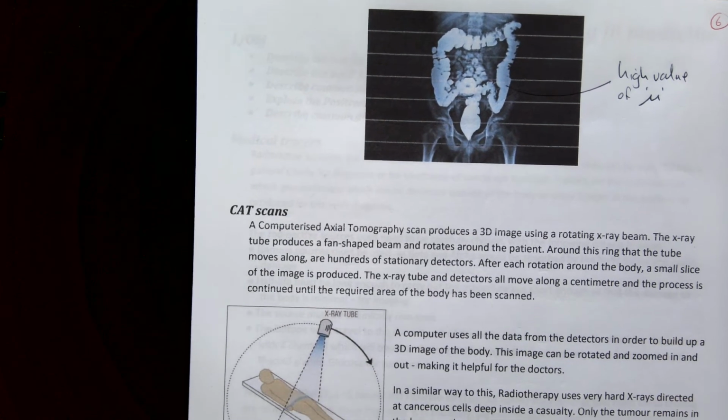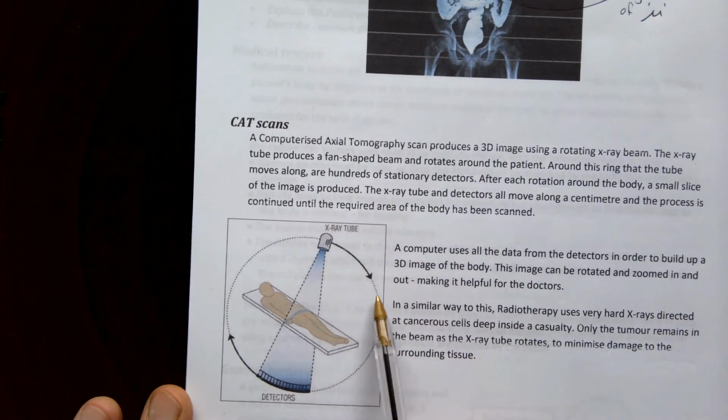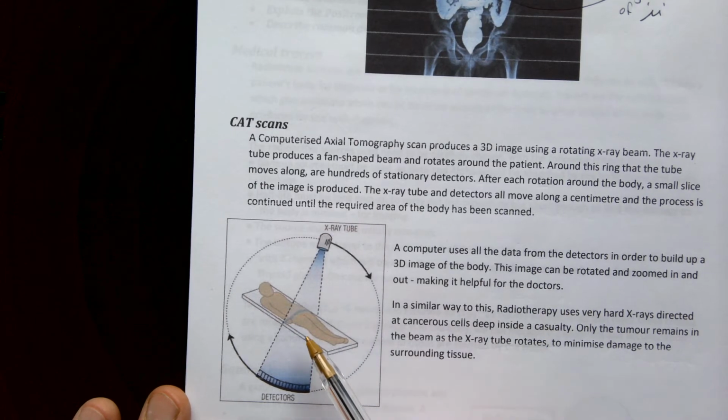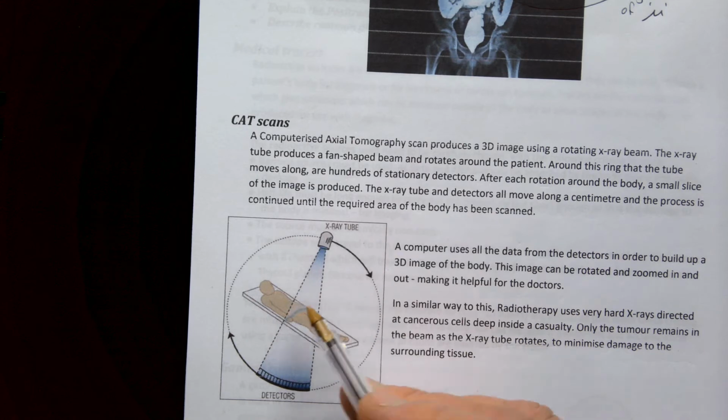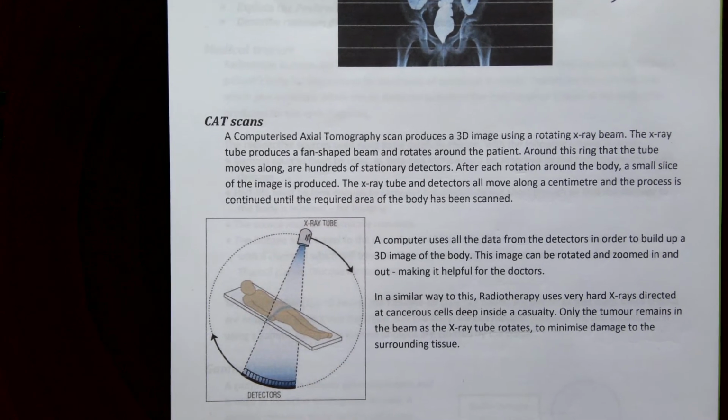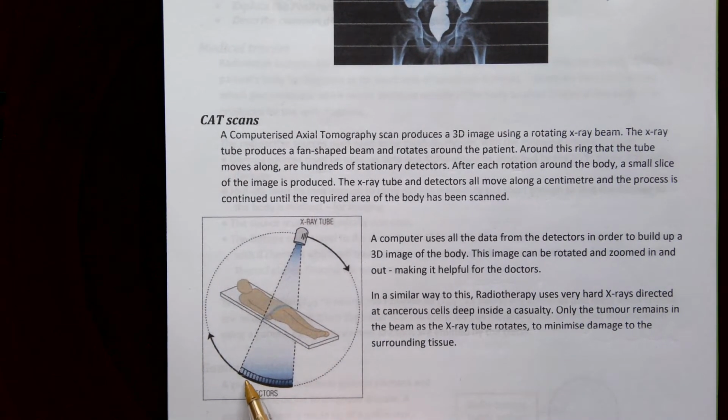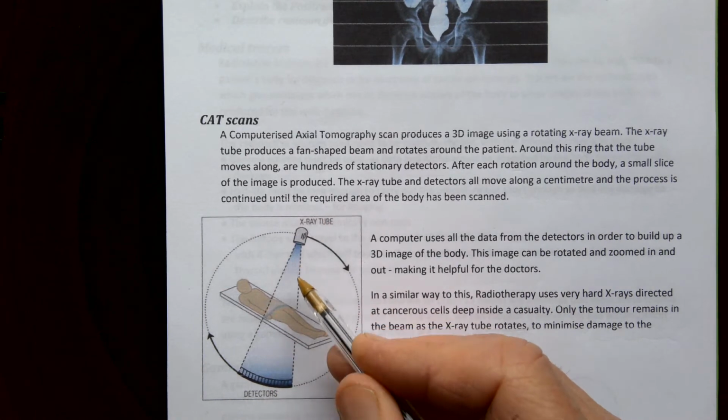Okay, the basic idea is slightly less focused. Instead of actually trying to examine one spot, we take a bit of a wide beam coming through, and then what we do is pick up a very flat image, so we're not actually forming a picture, we're actually just detecting values directly opposite the X-ray tube.